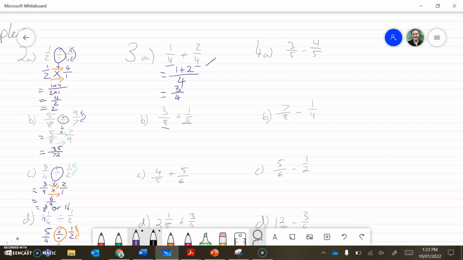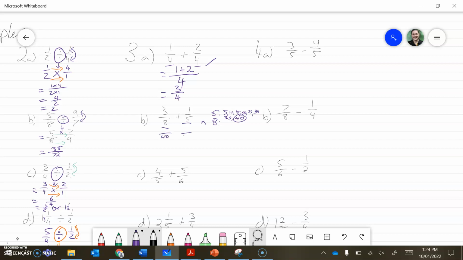Here, my denominators are 8 and 5. They are not common, so I need to get a common denominator first of all. So if I have 5 and 8, if I count in 5s, 5, 10, 15, 20, 25, 30, 35, 40. The first one that is going to have a common multiple of 8 is 40. So I need to go to a denominator of 40.